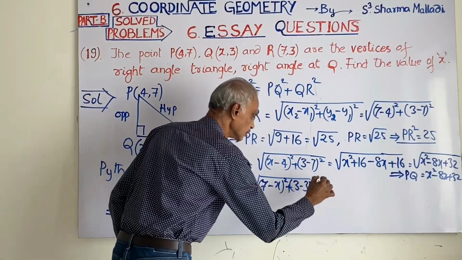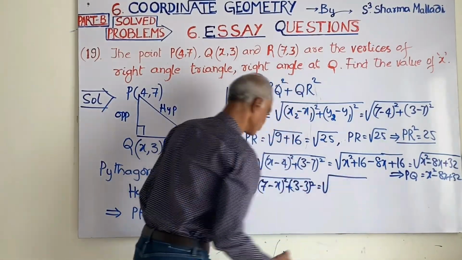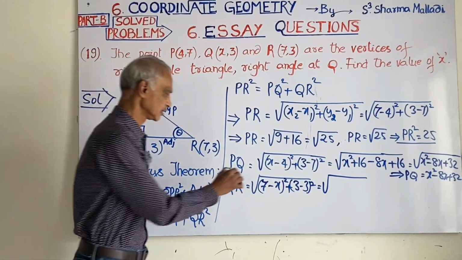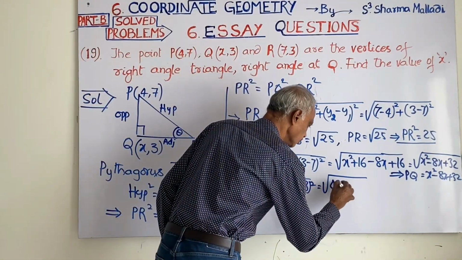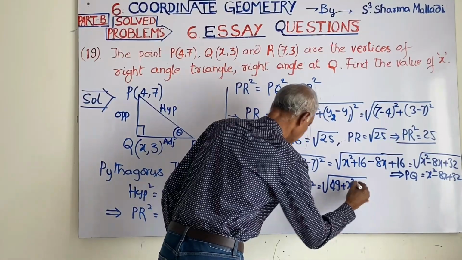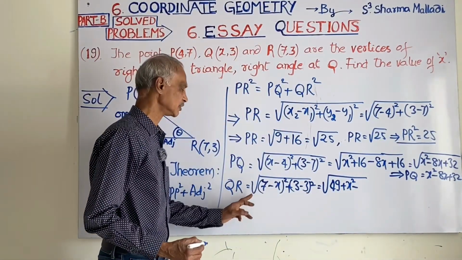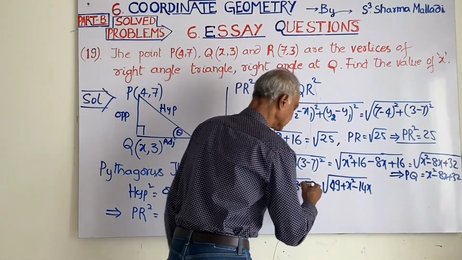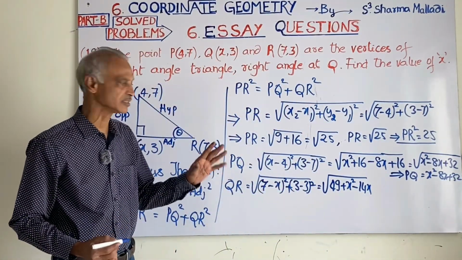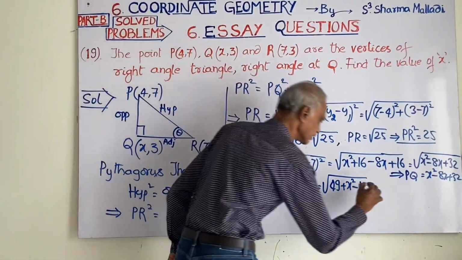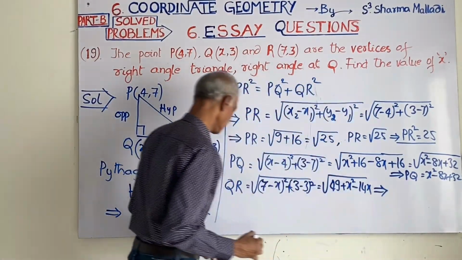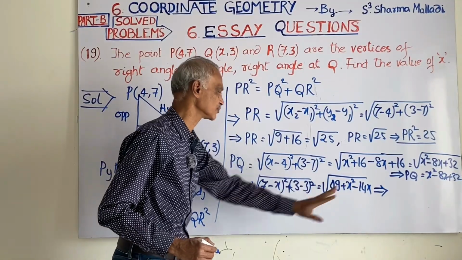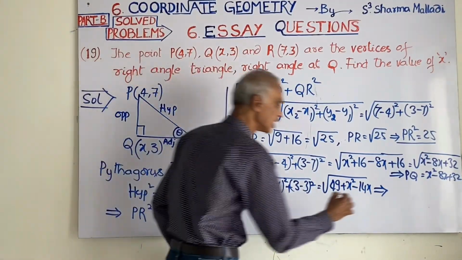Now 7 minus x whole square, a minus b whole square: a square means 49 plus x square minus 2ab, 7 2s are 14x. Now plus 3 minus 3, 0, 0 square means 0, keep as it is. Now QR is equal to root of 49 plus x square minus 14x. Now QR square.